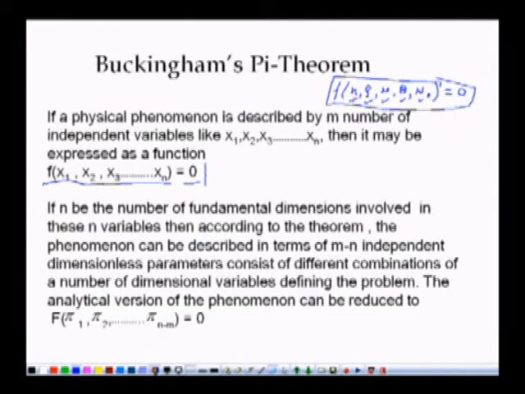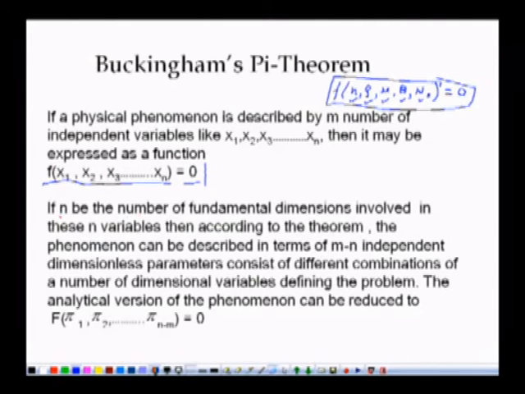We do not know the exact relationship among these independent variables involved in this physical phenomena. So, suppose here we have any physical phenomena where we have these number of variables x1, x2, x3, xn, and mathematically this may be written as function of this is equal to 0.